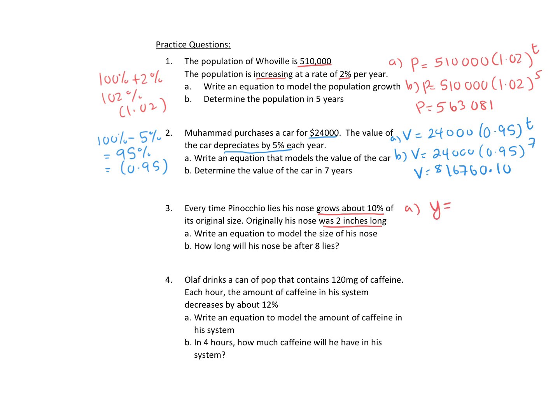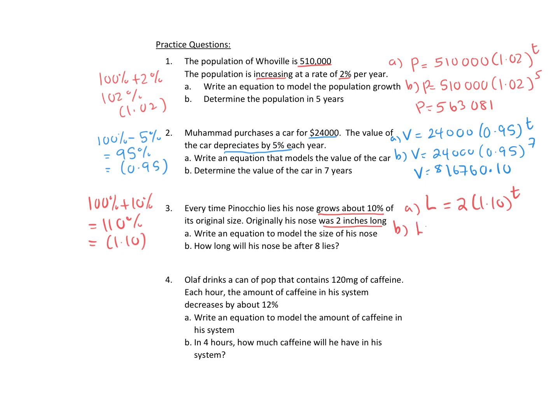So the original length of the nose was, well, let's use L for length. So L for length, the original length was 2. It's increasing by 10%. So we're going to add 10% to 100. So now the length is 110%. As a decimal, that would be 1.10. And then T will be the number of lies.